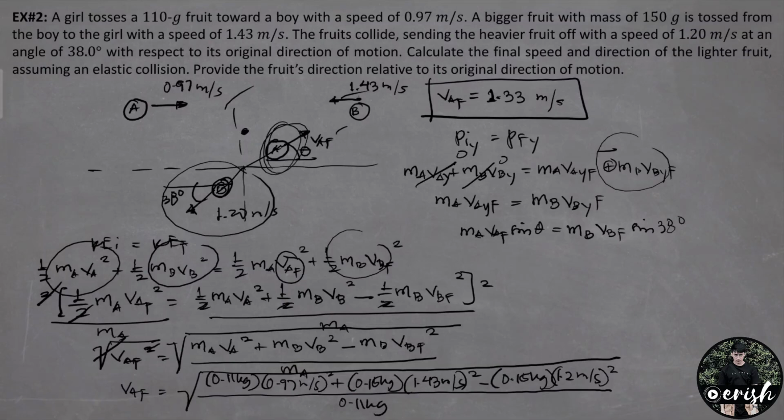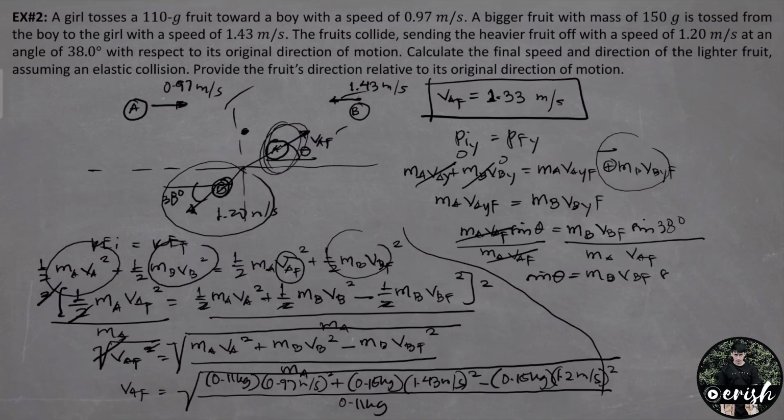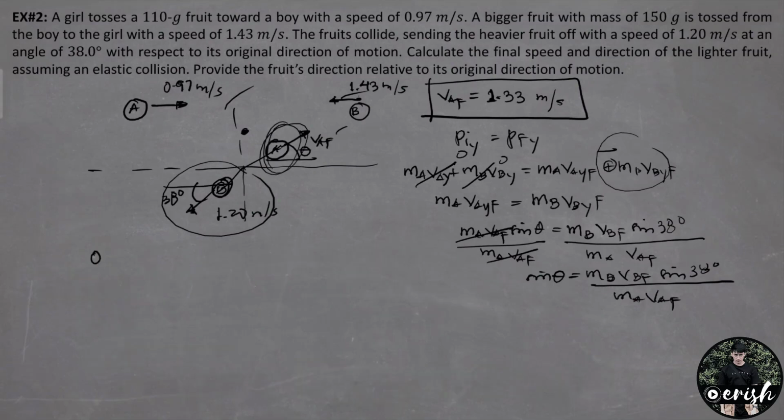Solving for the theta, we divide both sides by mass A times the velocity A final, para makancel ito. Sine theta is equal to mass of B times the velocity of B final, sine 38 degrees, divided by mass of A, velocity of A final.